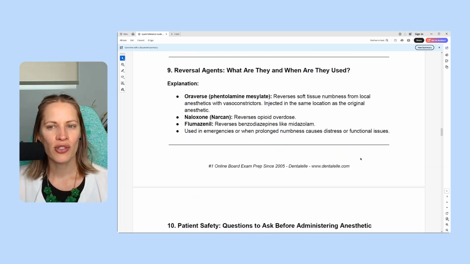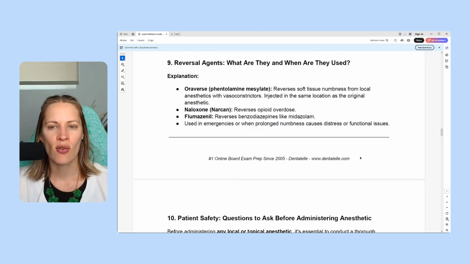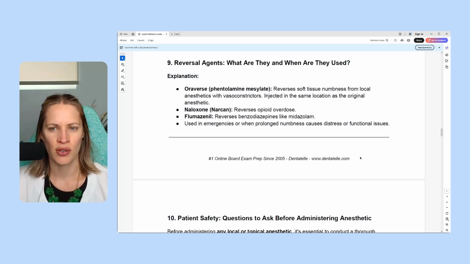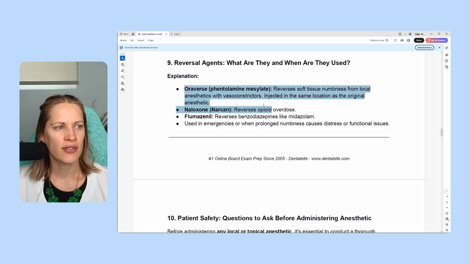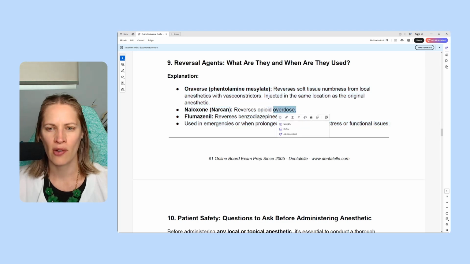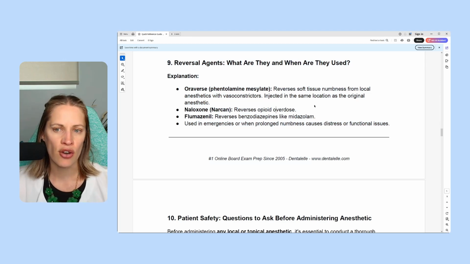And then reversal agents. So what are they? What if there's an overdose, they're having a reaction and you're like, "Whoa, this isn't good here." So what do you do? As you guys can see here, there are different types of reversal agents. I'd say the most common one that we've all probably heard of is naloxone, Narcan.